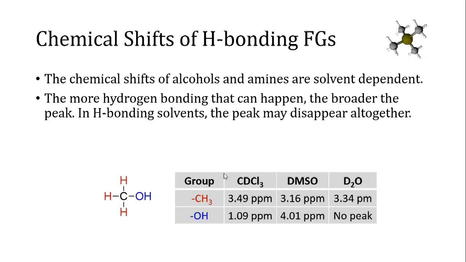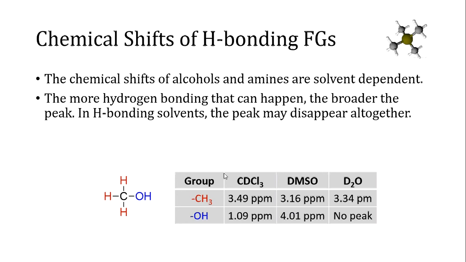Additionally, these polar functional groups can hydrogen bond with some solvents, and the more hydrogen bonding that occurs with the solvent, the broader and flatter the peak gets, until it might disappear altogether. And so you can see that in deuterated chloroform and dimethyl sulfoxide and deuterated water, the methyl group in methanol has a pretty constant chemical shift.